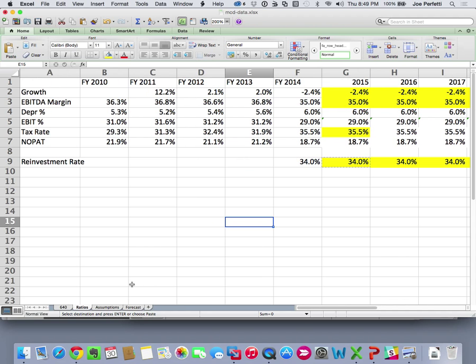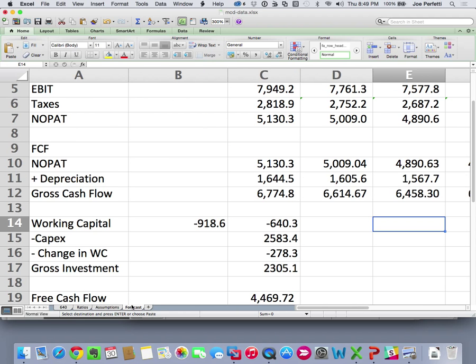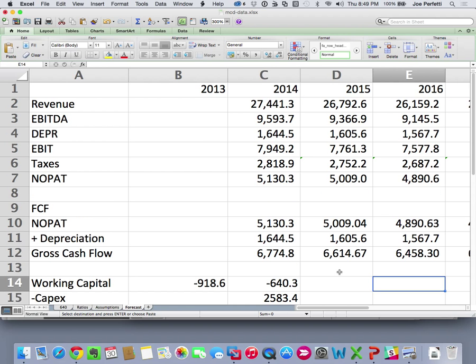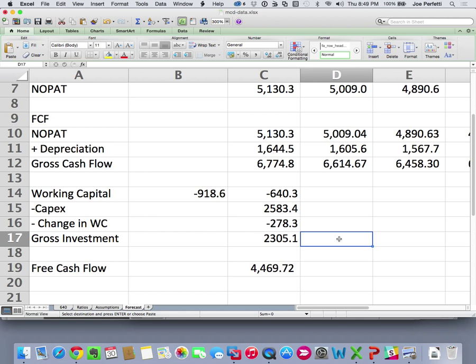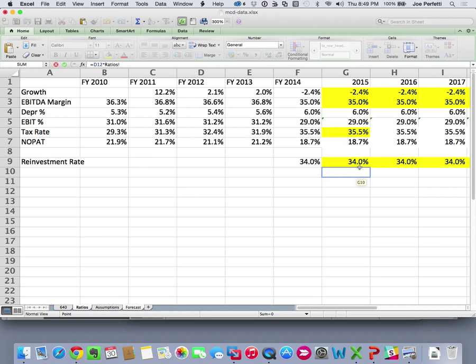Now, you might say, why did I create a reinvestment rate that I'm forecasting? Because I have to forecast a gross investment. So what I'm going to do for gross investment in the future is take the gross cash flow and multiply it by the 2015 reinvestment rate.